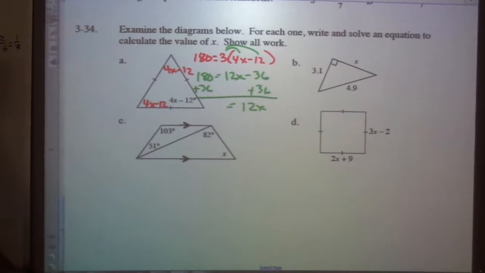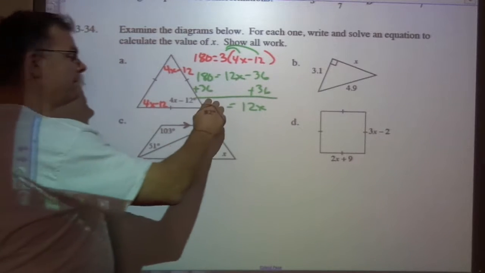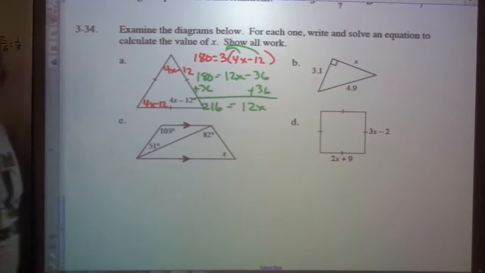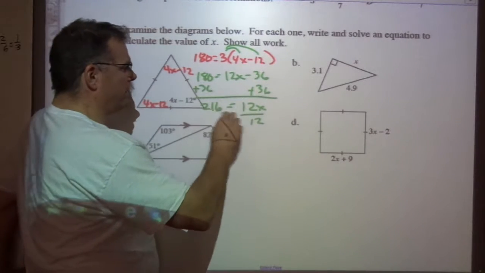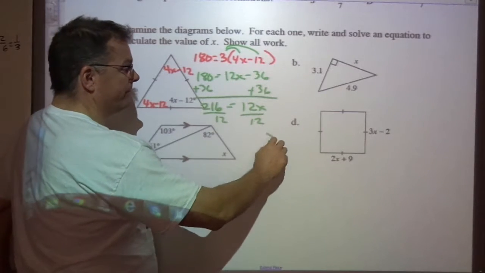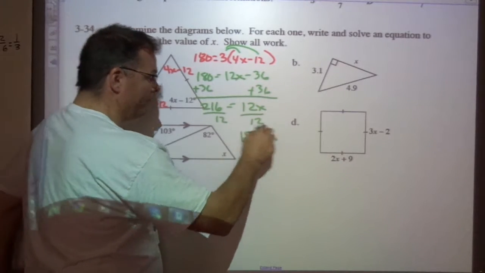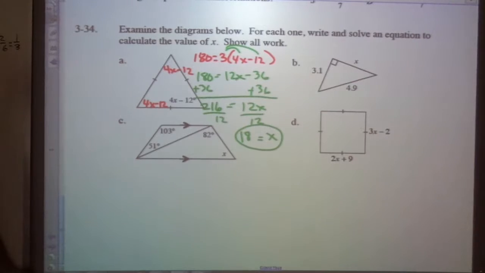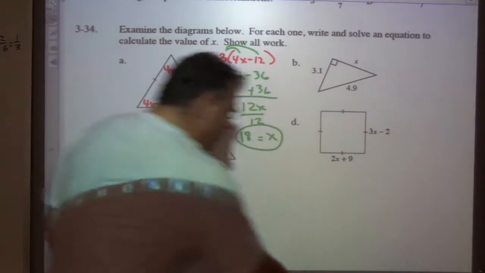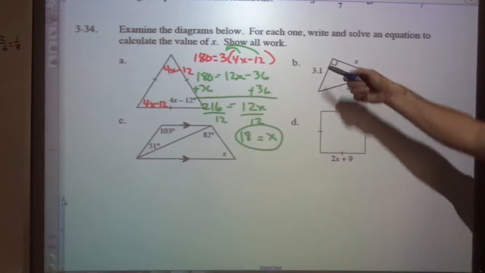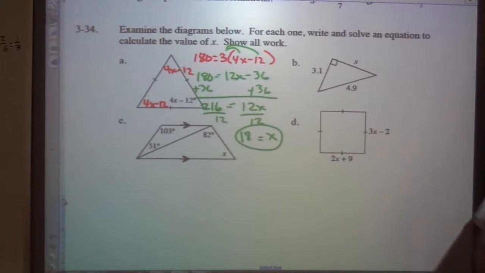It's free. 216. And then to divide these both by 12, you hit 216 divided by 12. 18. So x is 18.